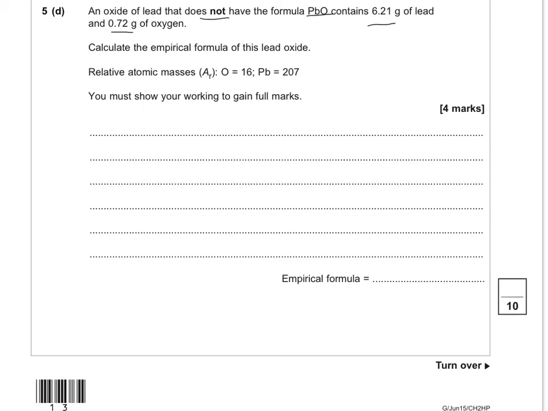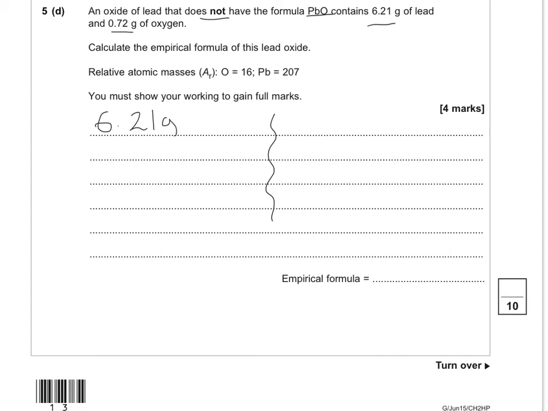You must show your working to gain full marks. So to do this, we need to work out the number of moles of lead and oxygen present in this new compound. By doing that, we need to work out the mass for each of them.